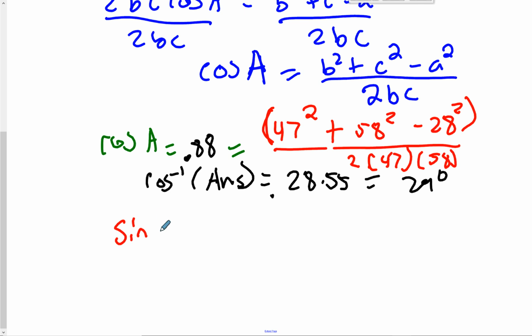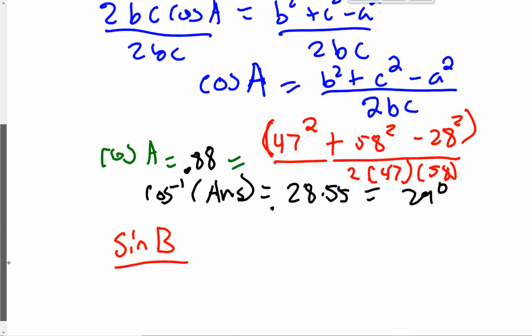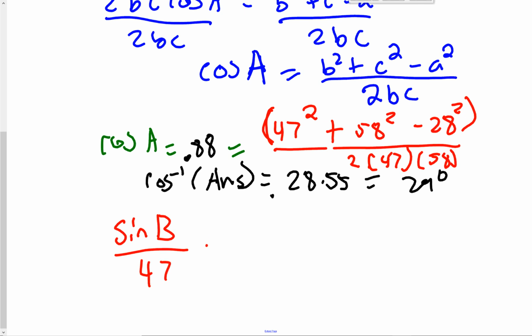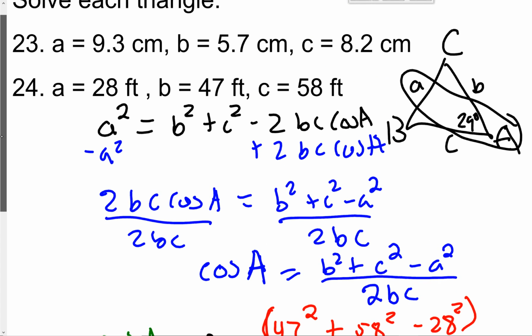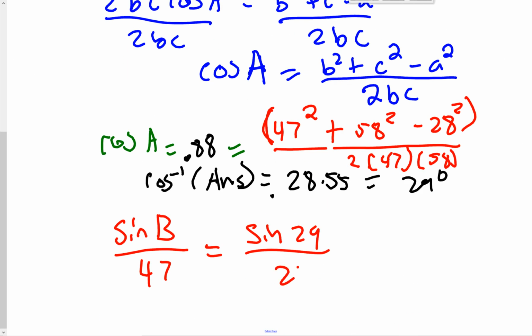An angle, right? So let's do B, and I know side B, right? 47 equals, now I know angle A, and I know side A, which is 28. So now I can use law of sines. I can multiply both sides by 47, right? So this gets moved in front of this, and it's multiplied. So I can do that.